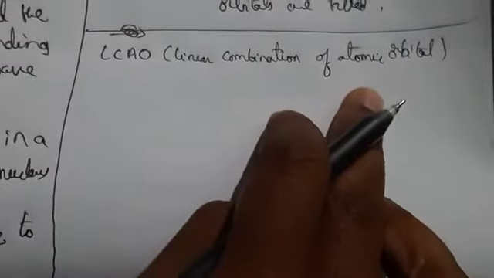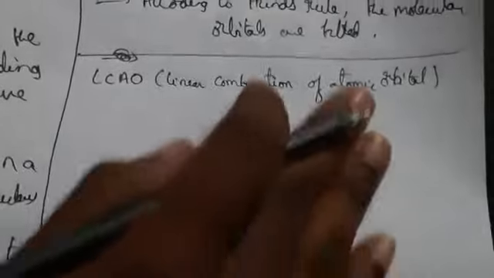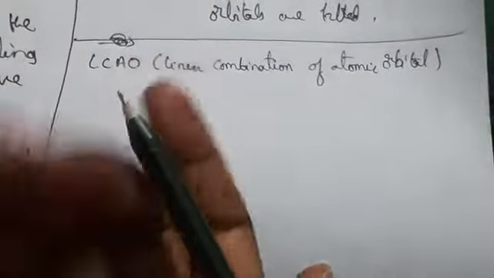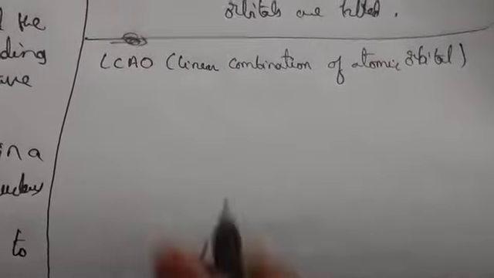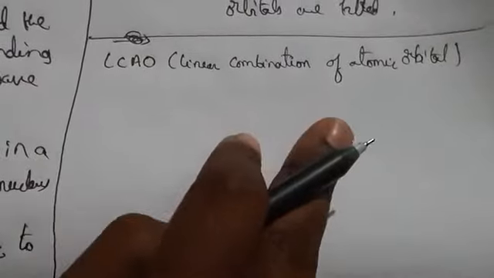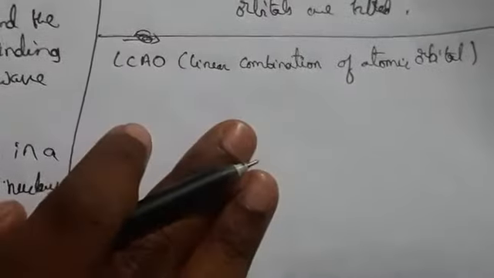Based on the linear combination of atomic orbitals, we are going to write the molecular orbital theory postulates, meaning how it is forming the molecular orbital. Based upon this, we are going to write the molecular orbital theory function.